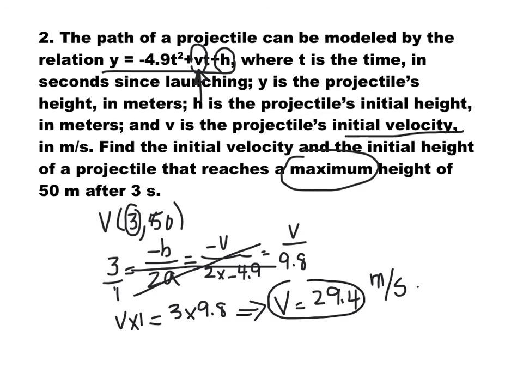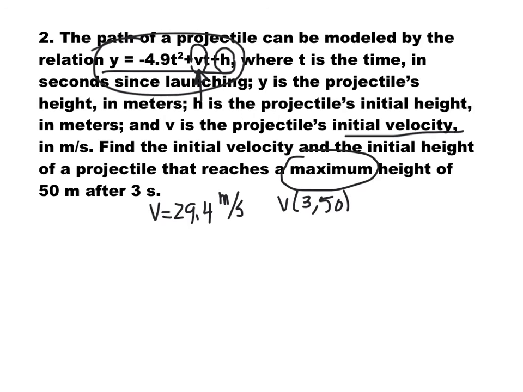Now to find h, I'm going to use the fact that the y-coordinate of the vertex is 50. So if I substitute 29.4 in this equation and solve for h, I can find the initial height of the projectile.